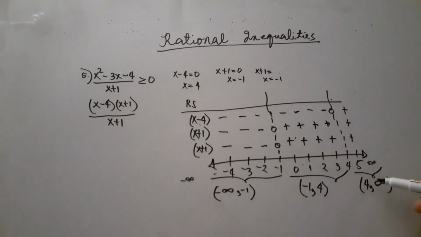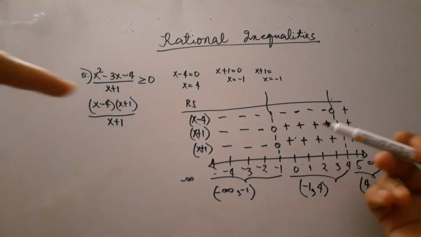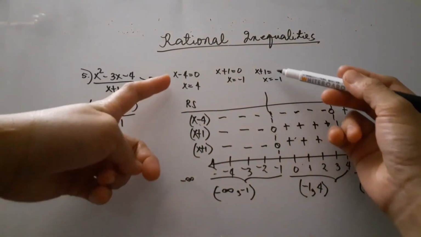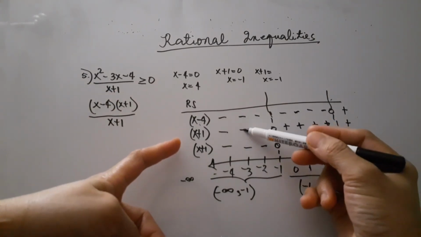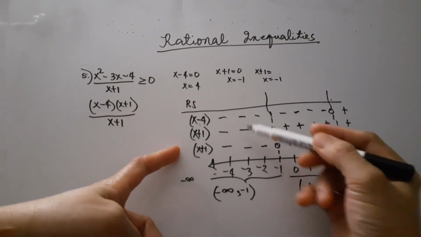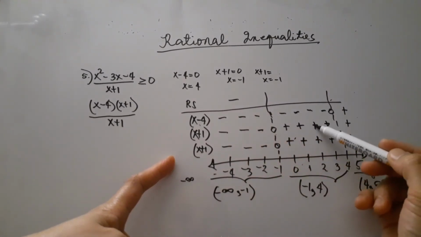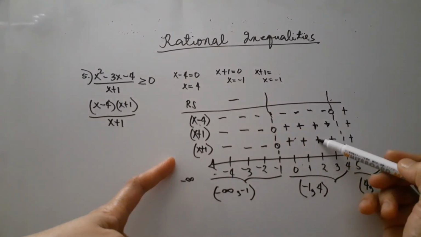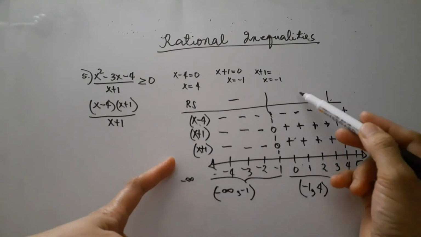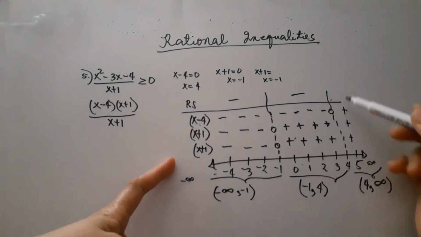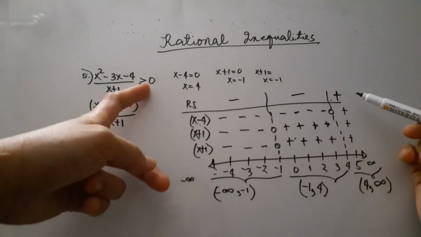And then in the resulting sign, we have negative times negative is positive, divided by negative is negative. Negative times positive is negative, divided by positive, so it is negative, and this one is positive.